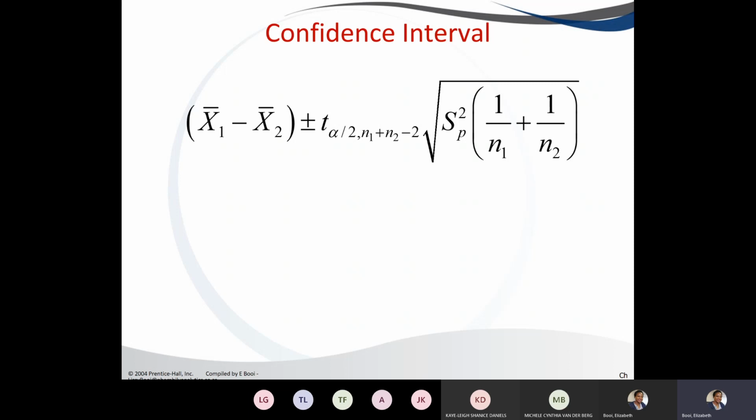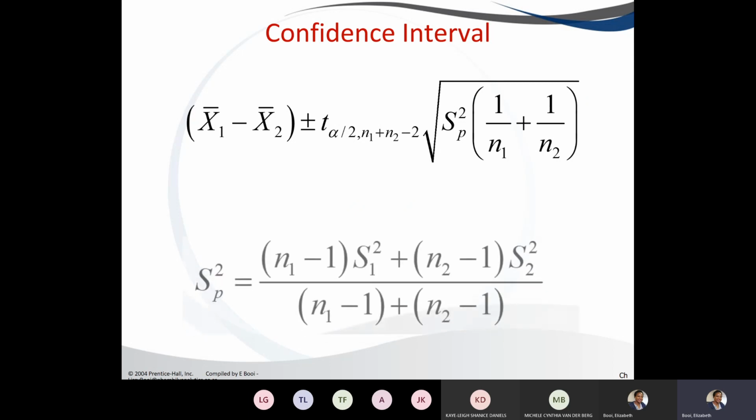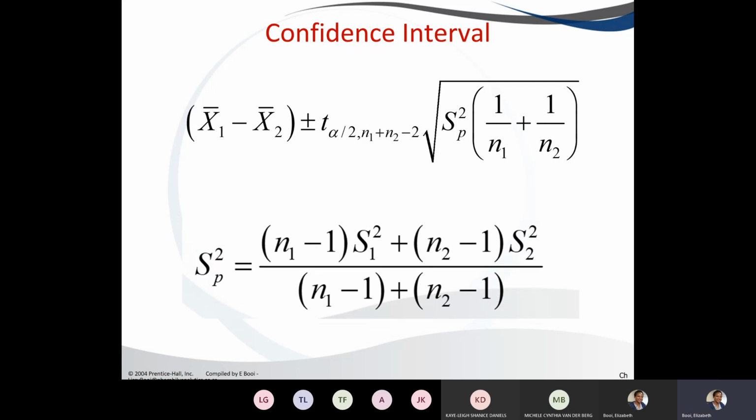And you remember the standard error was the function underneath the square root. And underneath the square root, you have the pooled variance. Therefore, you need to also know how to calculate the pooled variance. So we're going to use this to find the two confidence limits.